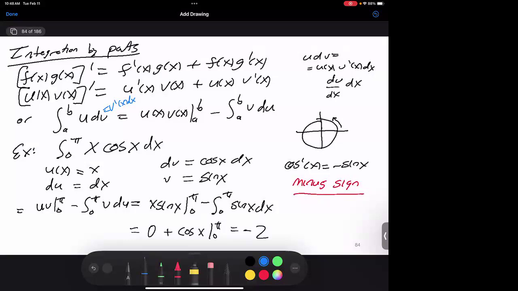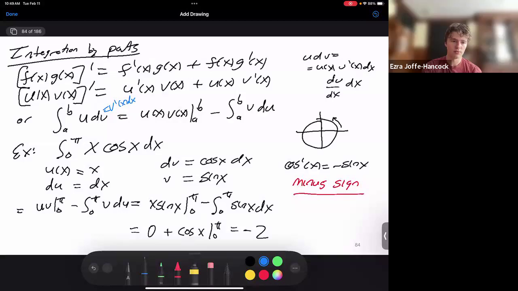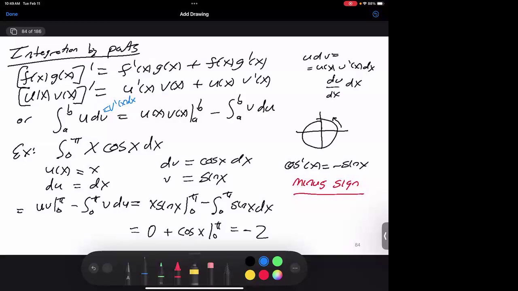Both of these functions are easy to differentiate and integrate. But it's not just that they're easy, what happens to x when we differentiate it? It becomes 1, just dx. If we integrate it, what do we get? One half x squared. So the degree would go up, and that would give us a more complicated function.